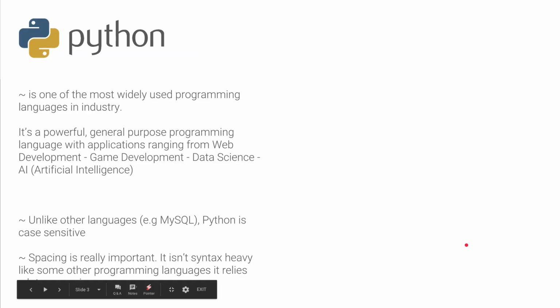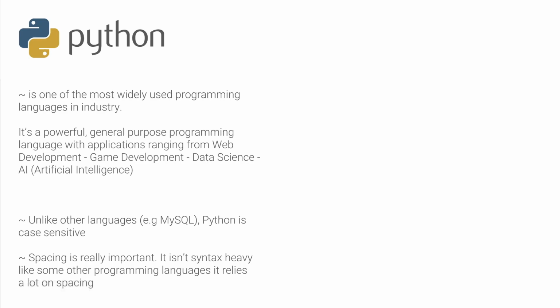So Python, what is Python? Python is one of the most widely used programming languages in the industry. It's a powerful general purpose programming language with applications ranging from game development, web design, and data science to AI, artificial intelligence. Python is basically one of the most popular languages on this planet.